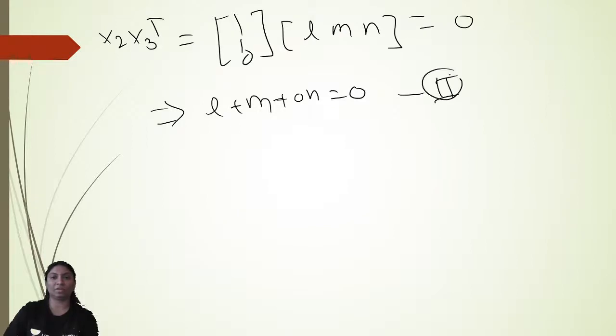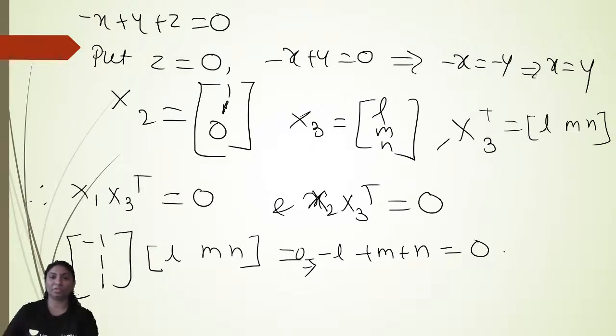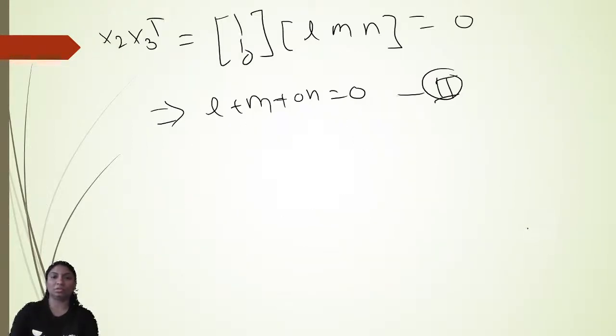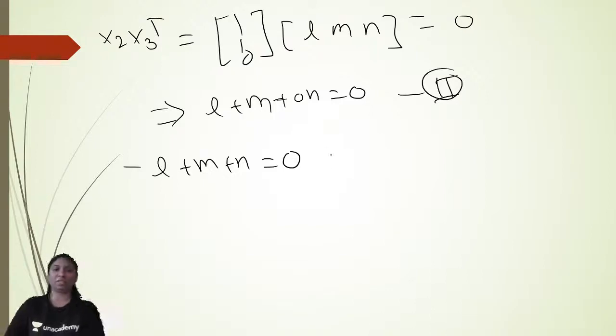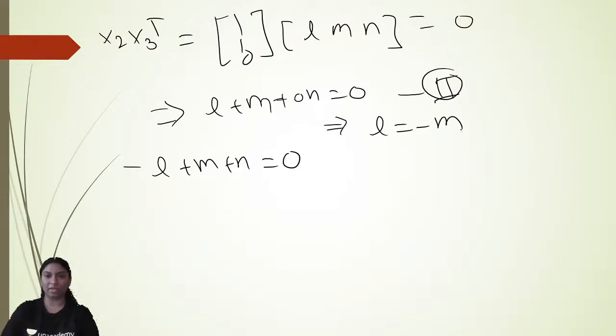So this is our equation number 2, and this is our equation number 1. From these, minus L plus M plus N is equal to 0 and L plus M is equal to 0, which implies L is equal to minus M.